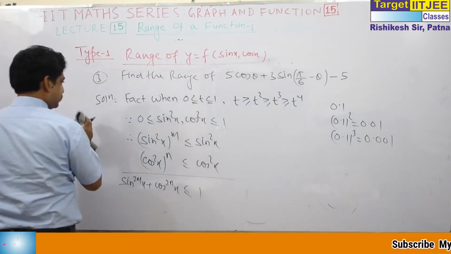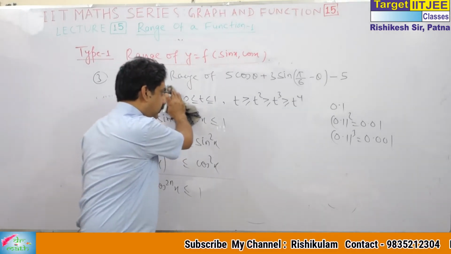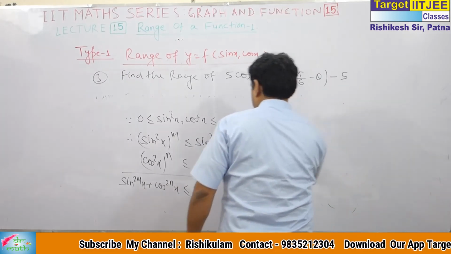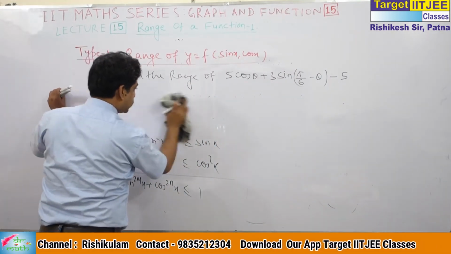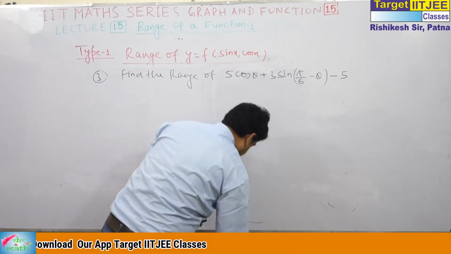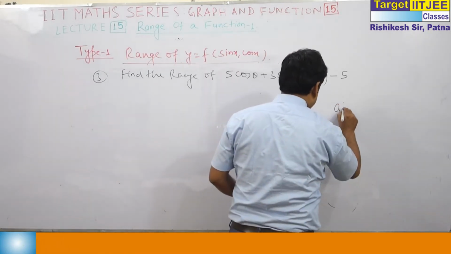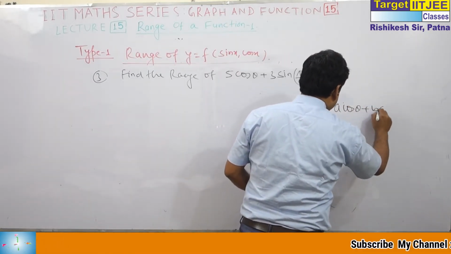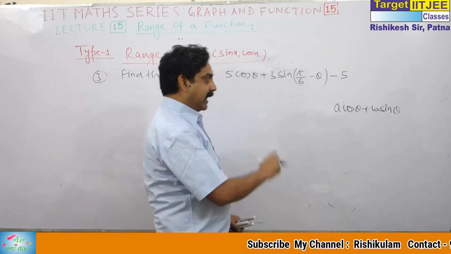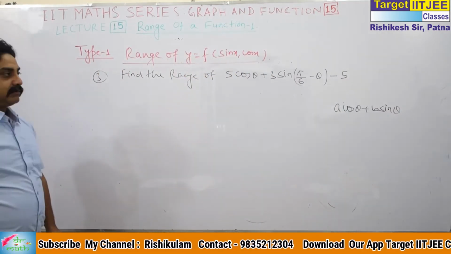How do you find it? First of all, we must note that we cannot use the property that a cos theta plus b sin theta lies between minus root over a square plus b square to plus root over a square plus b square.